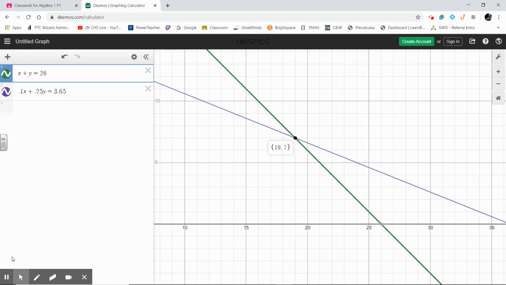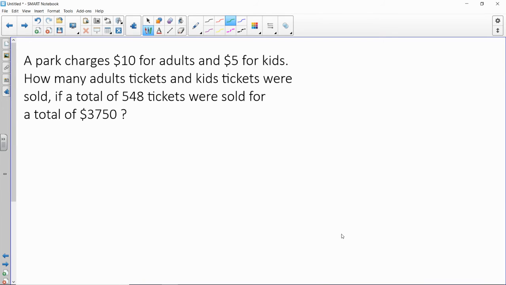Let's take a look at the second word problem, problem number 4. Alright, so we got a park we're going to. It's $10 for adults and $5 for kids. The total number of tickets sold was 548, and they made $3,750. So we want to know how many of each ticket were sold.